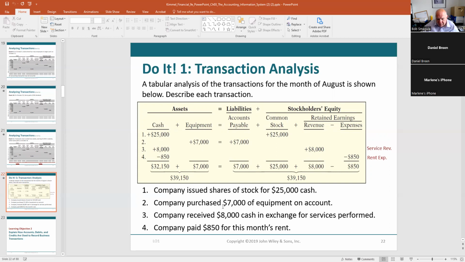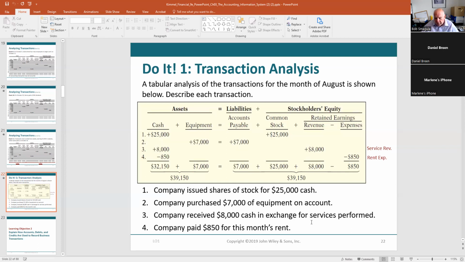Company purchased $7,000 of equipment on account, and nobody had money. So equipment goes up, but so does the payable, the liability. Whenever you see the word payable, you know it's a liability, it's a debt, it's an IOU. The company received 8,000 cash for services performed.